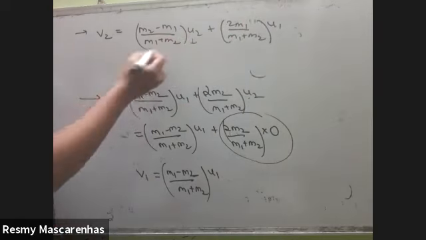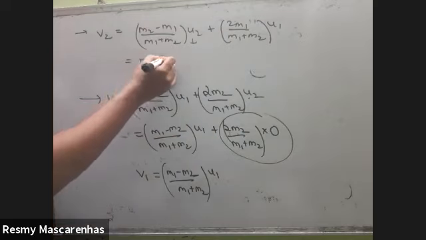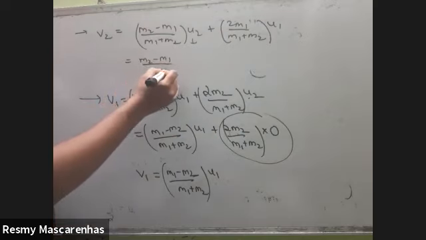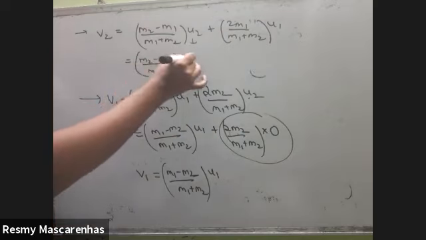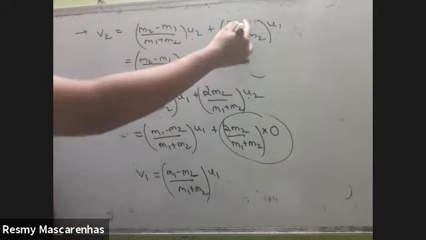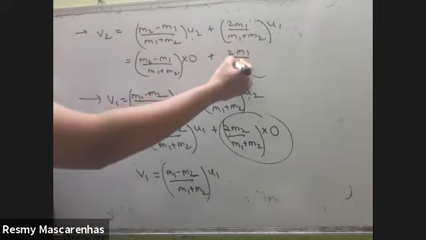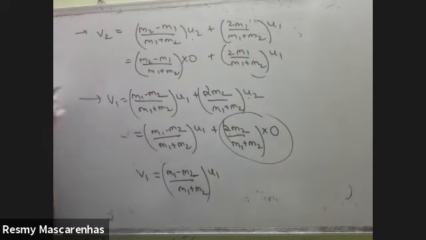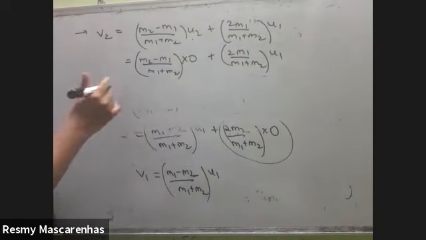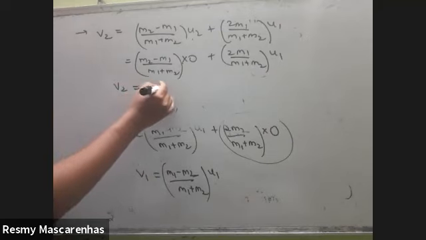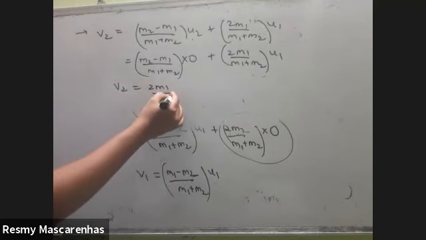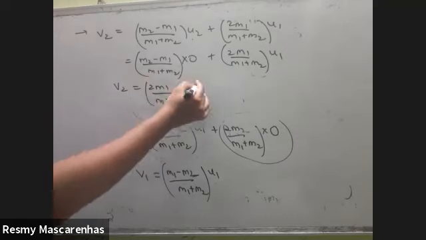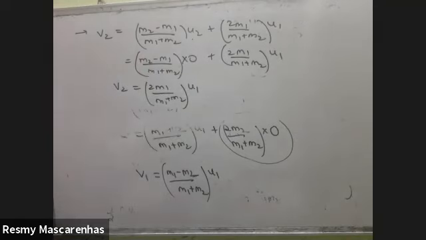U2 is 0. This we have to keep as it is. So your V2 value is 2 M1 upon M1 plus M2 times U1. So this is your answer for V2.